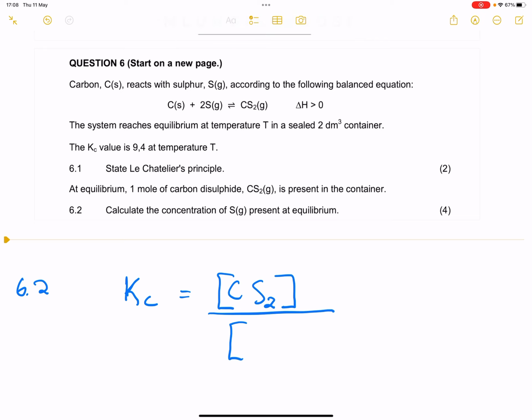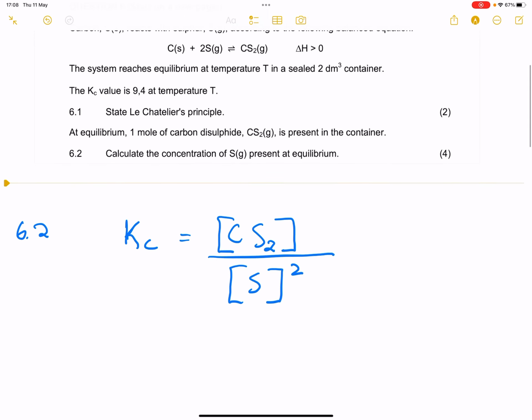We know our reactants in this case, carbon is a solid, so we don't include it. But we're going to definitely include sulfur, which in this case is squared. So this is going to be 9.4, that's our Kc value.